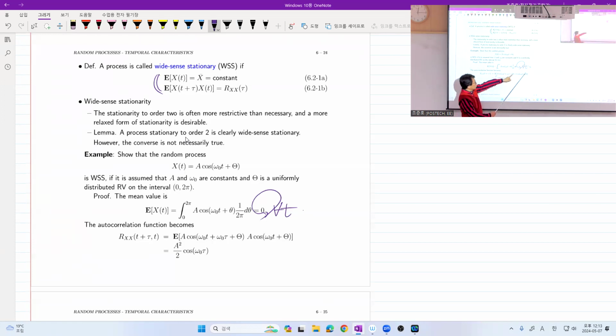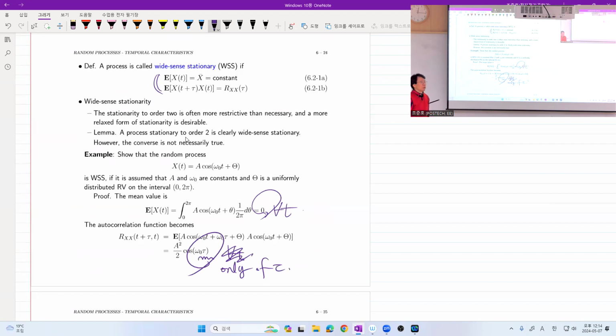And you average over theta, which means integration from 0 to 2 pi, 1 over 2 pi times d theta, times, of course, the integrand. Then you have this nice function only of tau. So it's a wide-sense stationary random process.